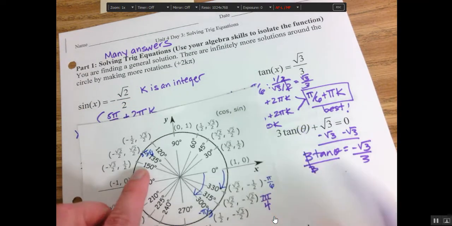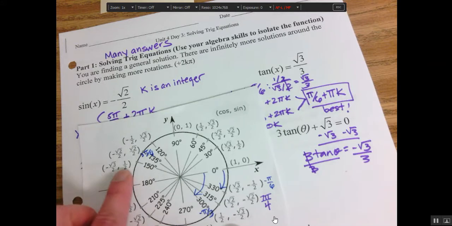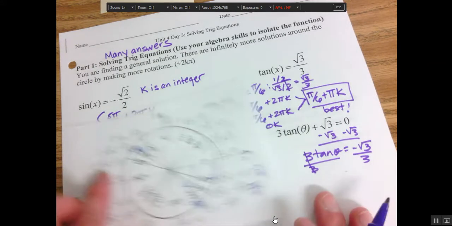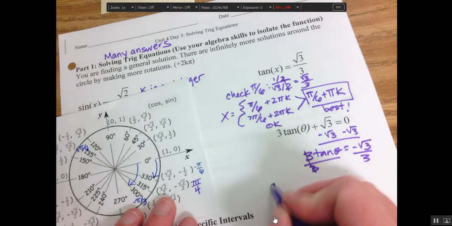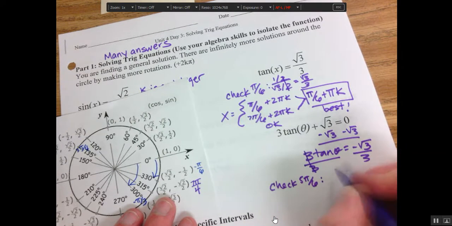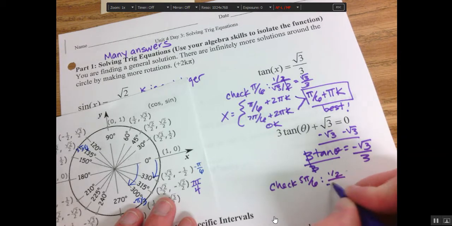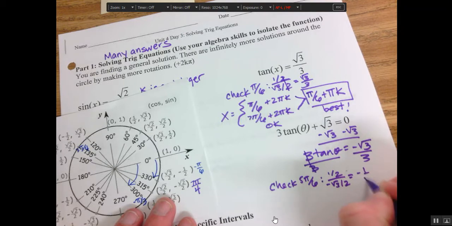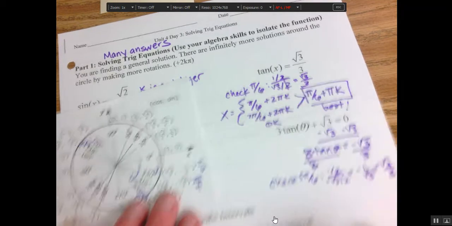So here's 5 pi over 6 right here. And if I do 1/2 divided by negative root 3 over 2, I think that's going to work for us. Check. 5 pi over 6. So I get negative 1 over root 3, which does make negative root 3 over 3. So that's an answer. That's good.